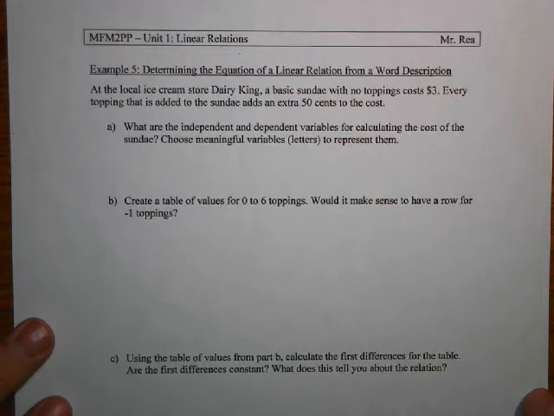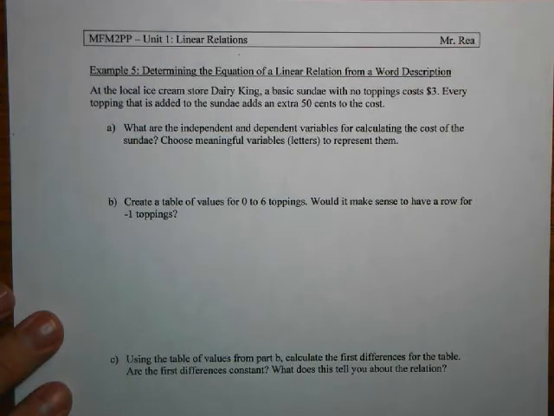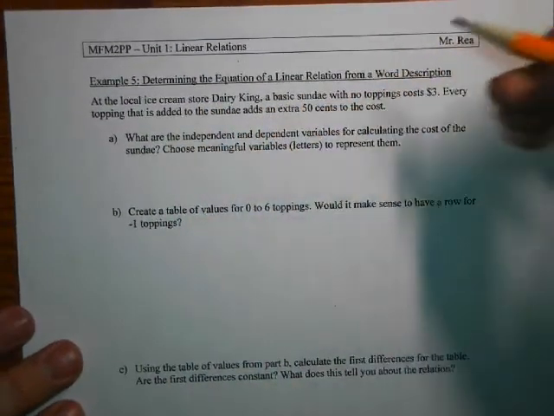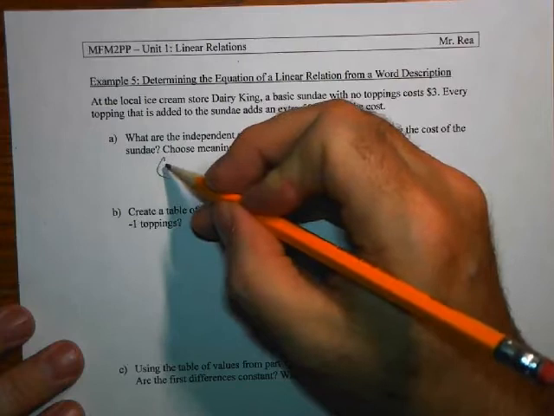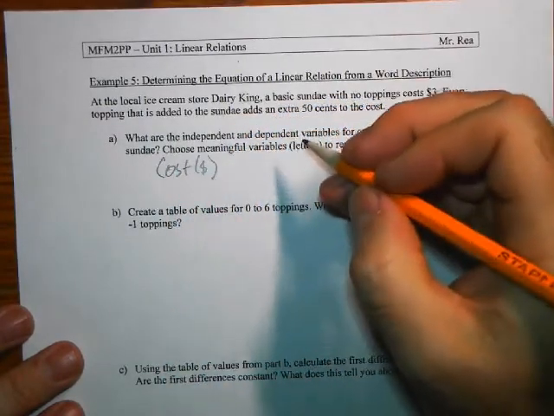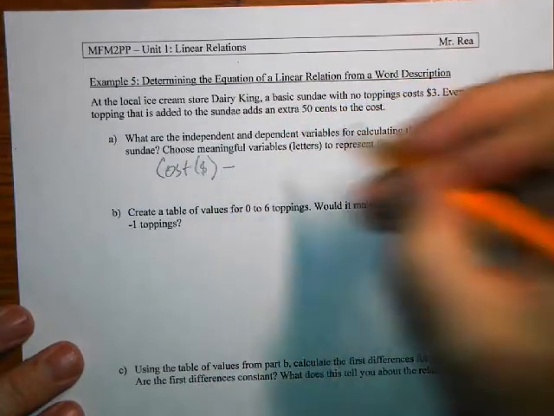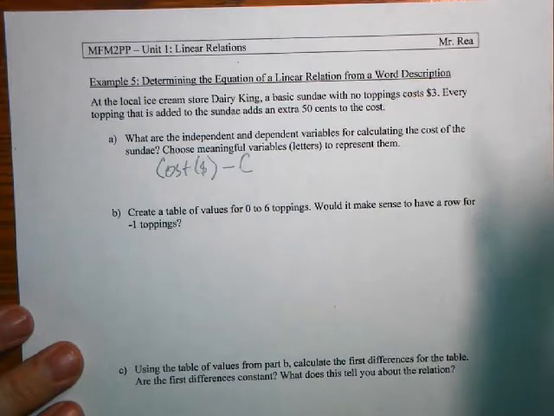Okay, what are the independent and dependent variables for calculating the cost of the sundae? First of all, we've got the cost in dollars of the sundae. So let's give that a capital C for the variable.